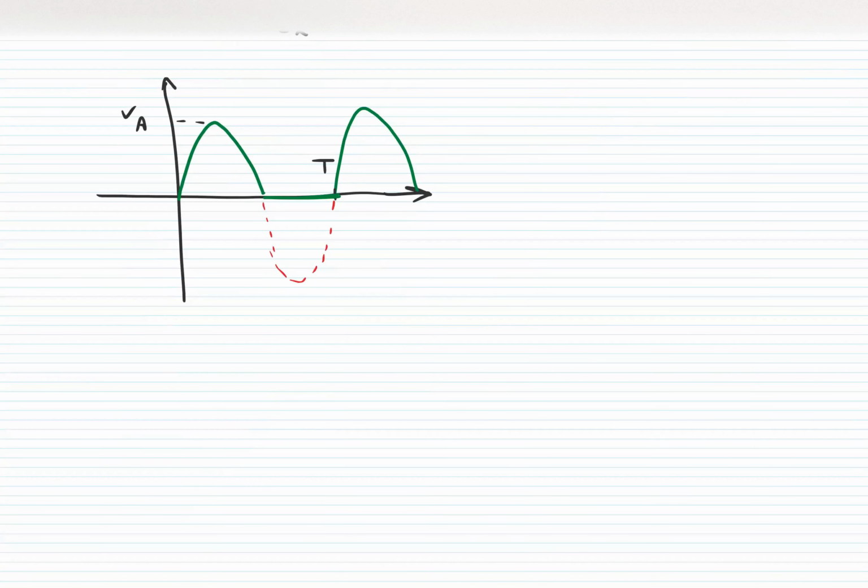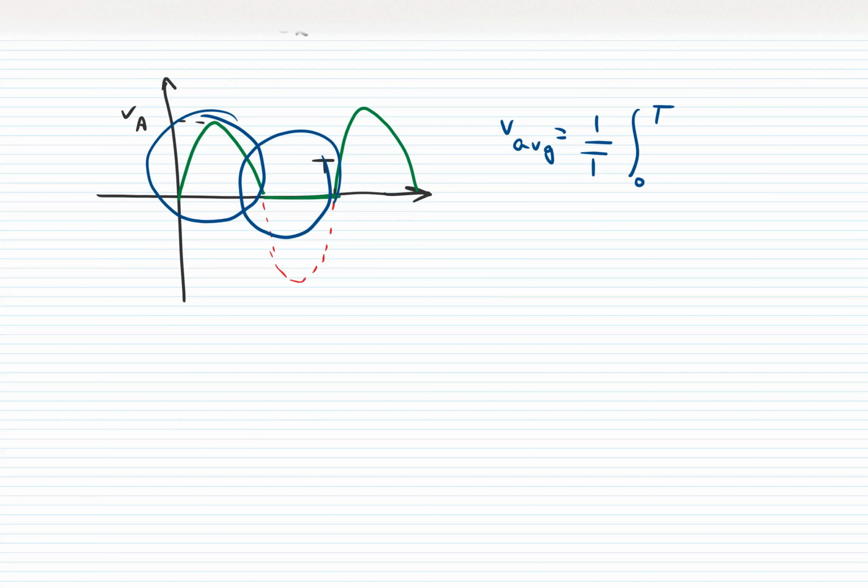Let's do that. So V average is equal to 1 over T integral for one period, which is from 0 to T. But from 0 to T, we have two different regions. In one region, we have signal. In one region, we have nothing. So we need to consider the part of the time in which we have the signal.